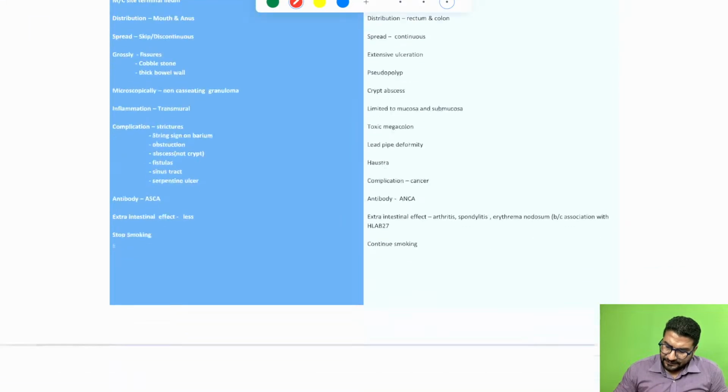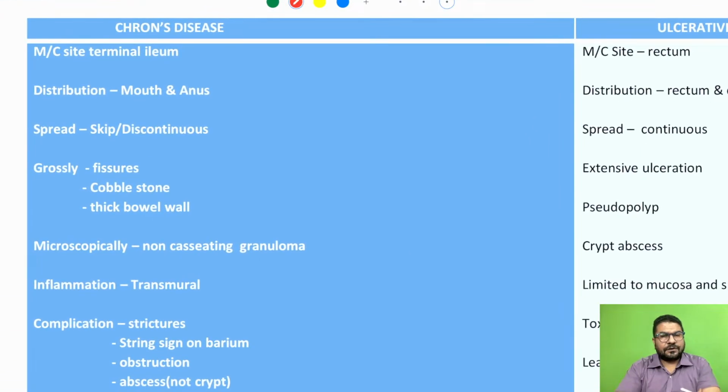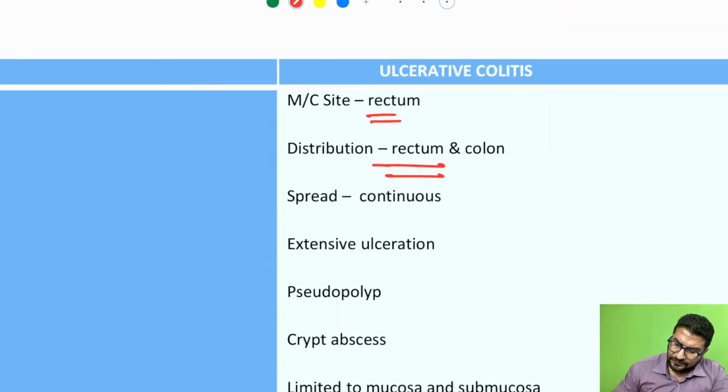Similarly, let's differentiate Crohn's disease and ulcerative colitis. Crohn's disease can occur anywhere from mouth to anus, but the most common site will be ileum. Ulcerative colitis affects rectum and colon, but the most common will be rectum, so the most common manifestation will be proctitis, which means inflammation of rectum.